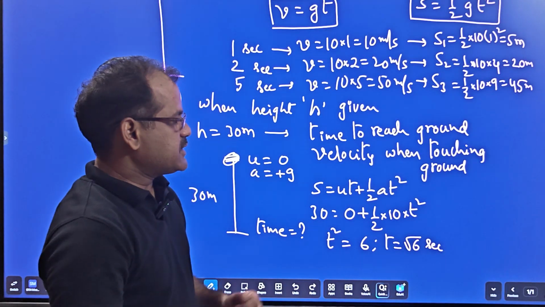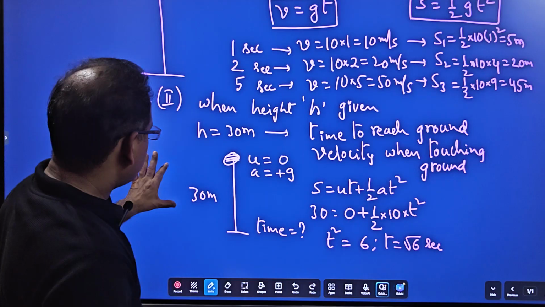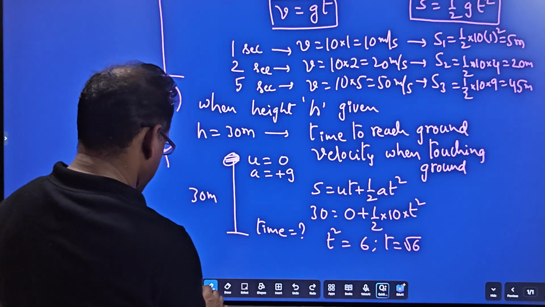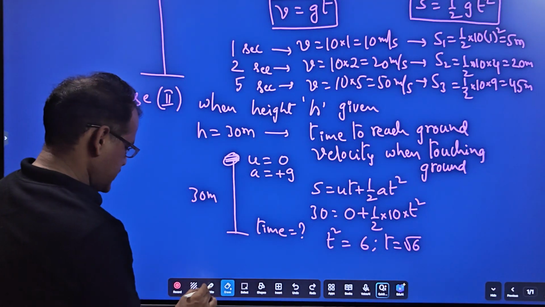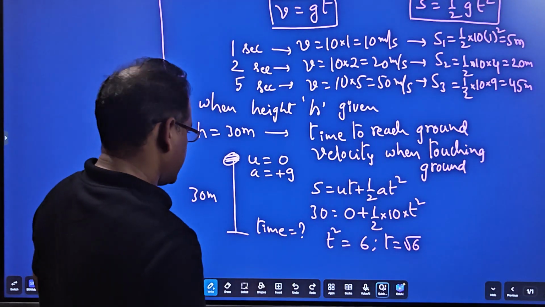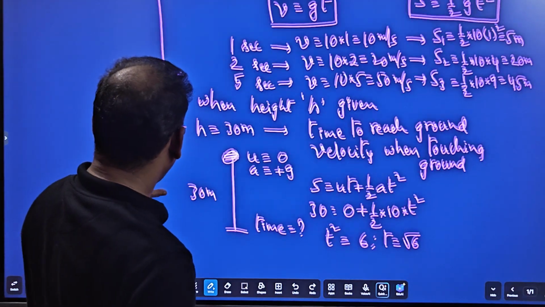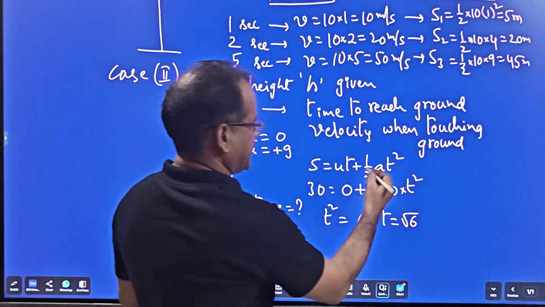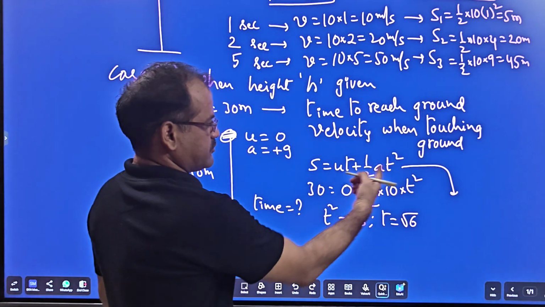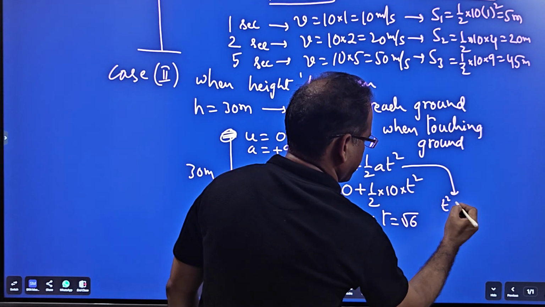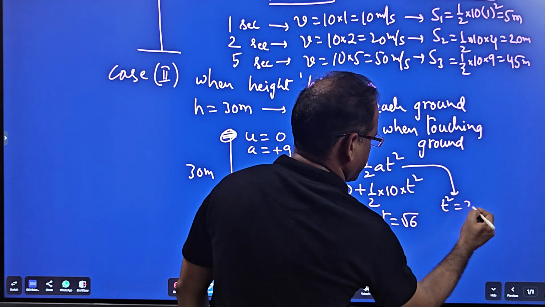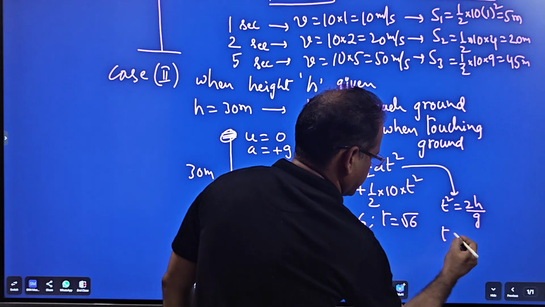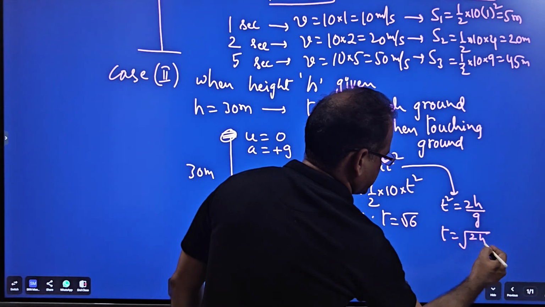We got time with the help of this equation. And at the same point, we can observe the general formula for this situation. Whatever the height given, if time is asked, from this equation t square is equal to 2 into height divided by acceleration g, or t is simply root over 2h by g.